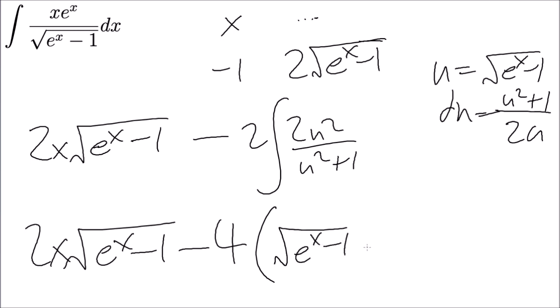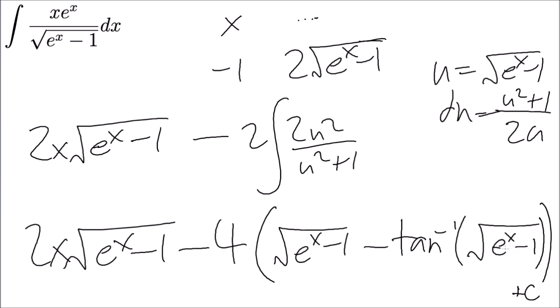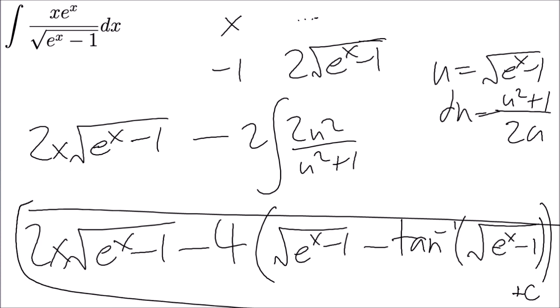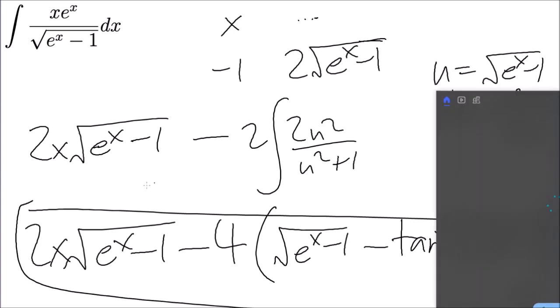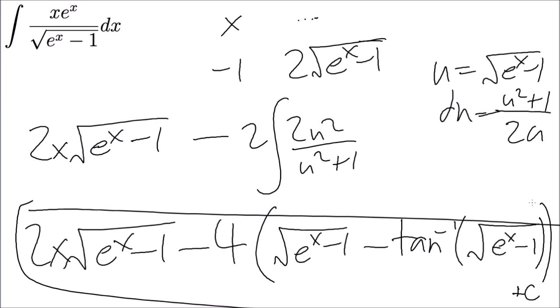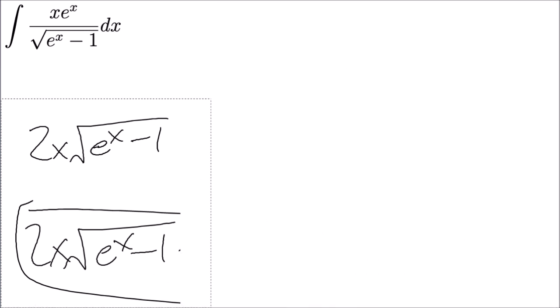This would be 2u minus 2 inverse tangent of square root of e to the x minus 1. Right, and then I would just bam, answer. If I were to go head to head, that's pretty much how I would do it. I wouldn't waste any time trying to figure something out. I'd start bashing before some other opponent gets to it.